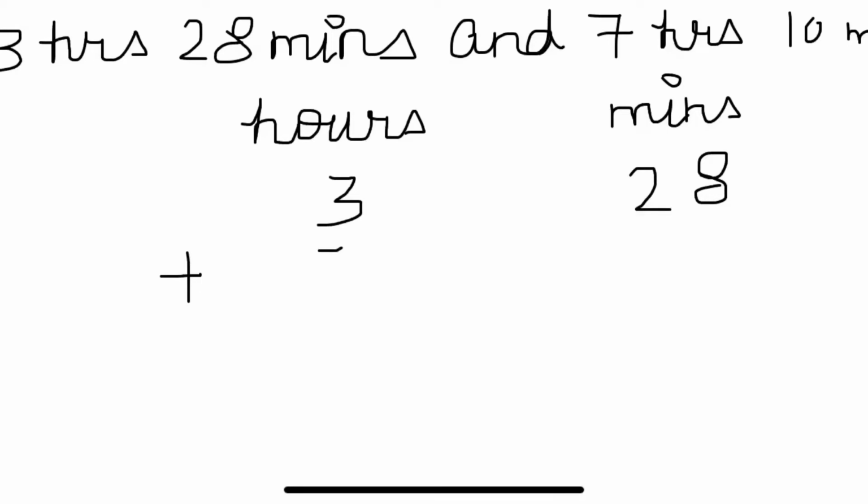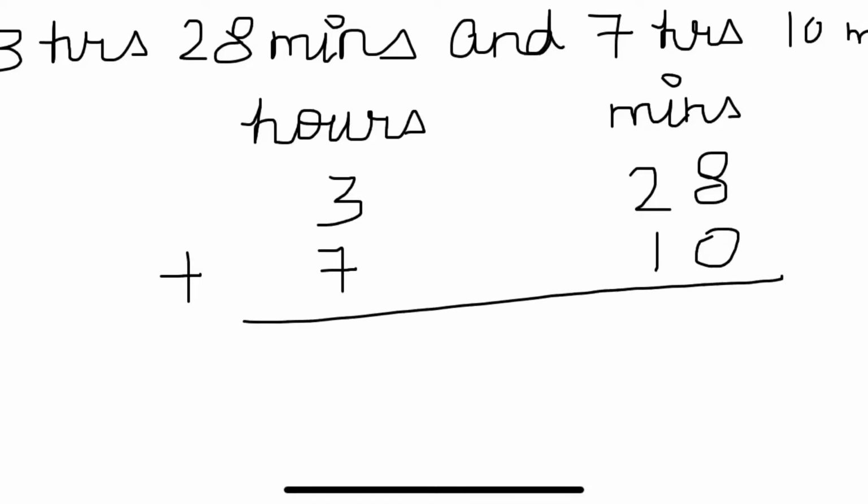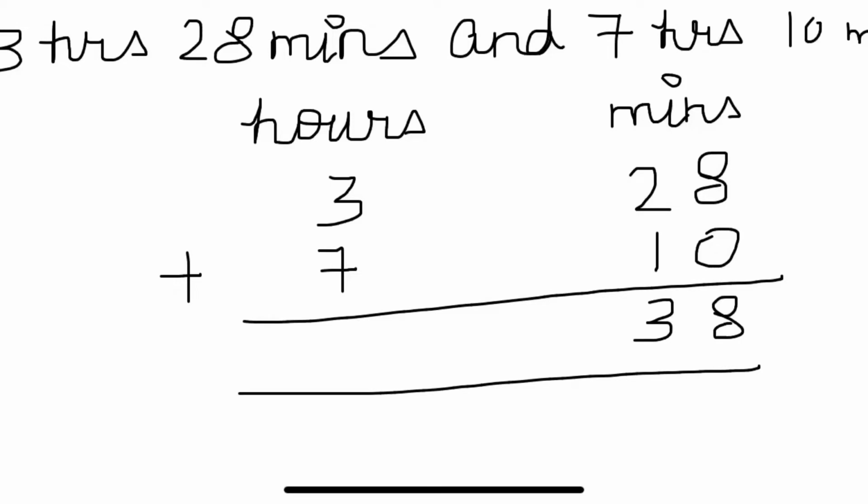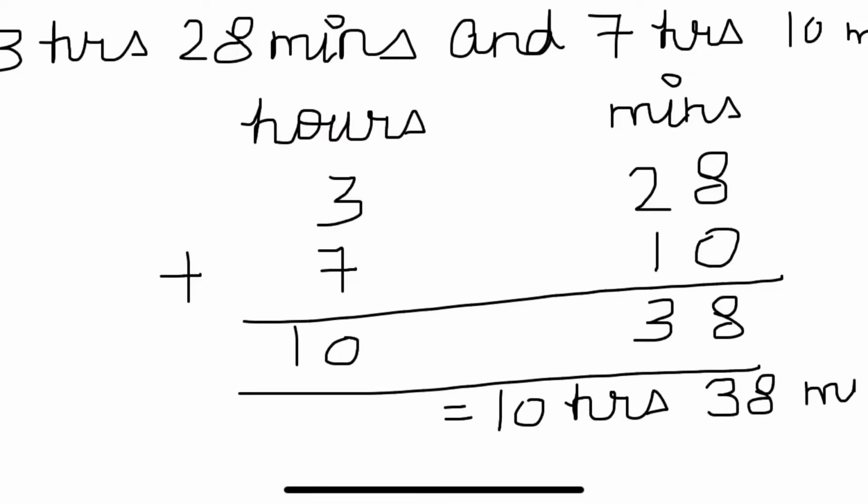Next is 7 hours 10 minutes. Now add the time. 8 plus 0 is 8, 2 plus 1 is 3. Now 3 plus 7 is 10. So your answer is 10 hours 38 minutes.